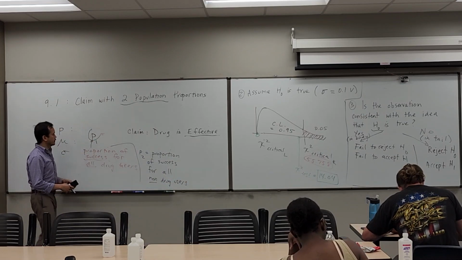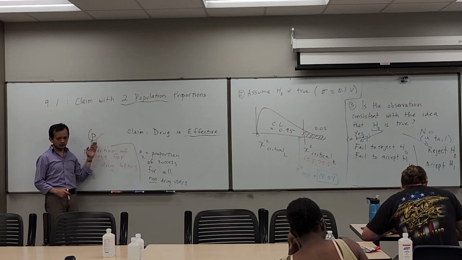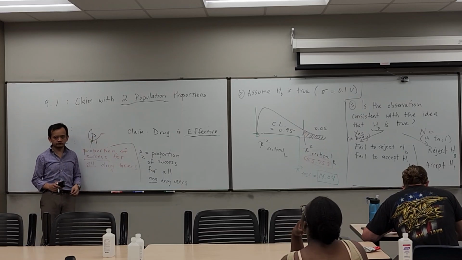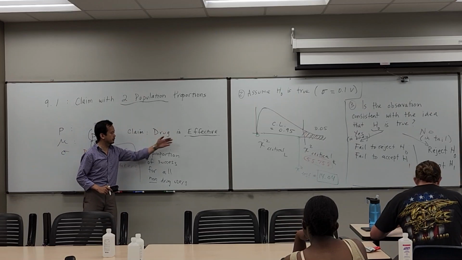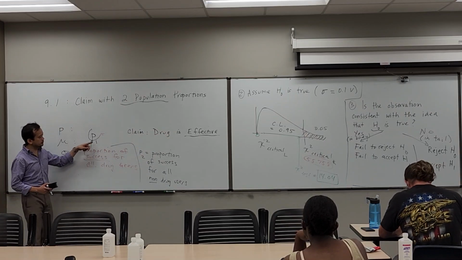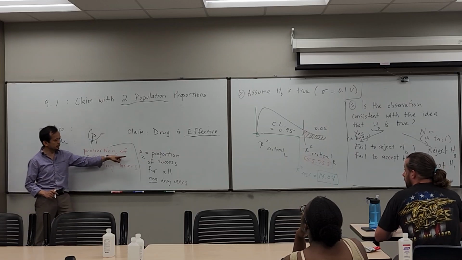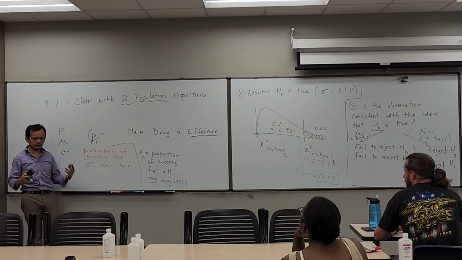So our claim then is going to compare these two different population successes. So now we have an instance where we have two populations involved and not just one. So if the claim is actually true and the drug is effective, then what do you think the relationship should be between P1 and P2? P1 is the drug group, P2 is the non-drug group. And you're measuring the proportion of success in each group.